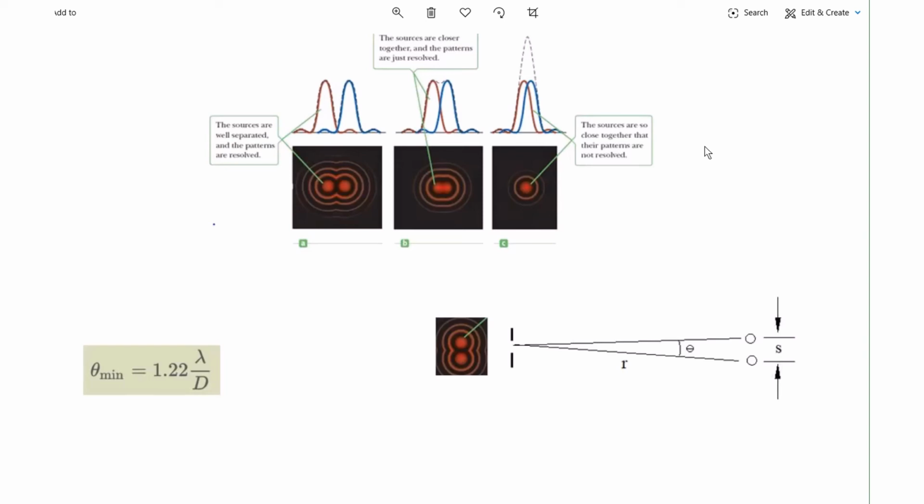R is the distance of the stars from the telescope. And theta is the apparent angle between those two stars. S is the actual linear distance between the two stars. The question is, how close together can they be and have you still see them as two stars?